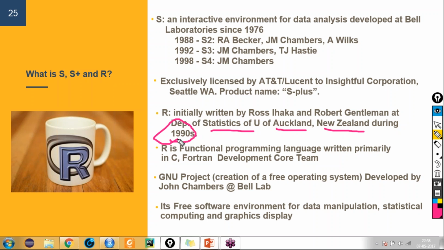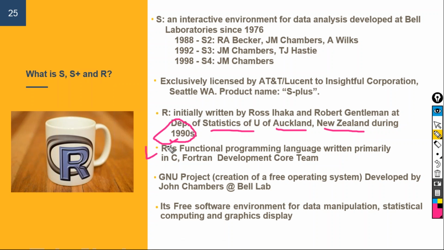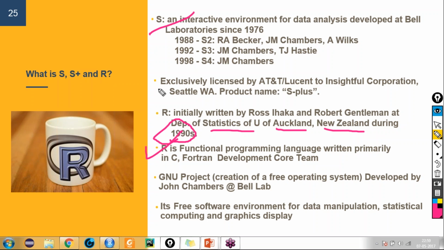New Zealand, a very beautiful place, right? And again, a very beautiful invention. R is very helpful in statistical and graphical work. We'll study this in further slides, right? Okay, now we know when R was developed and how S plus relates to it.